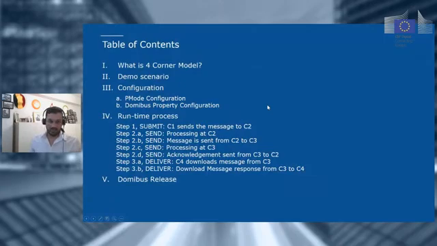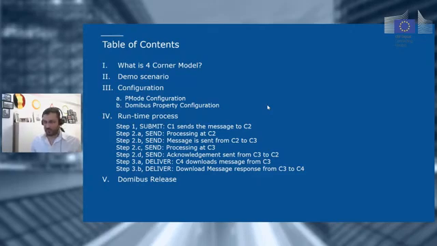So in this demo, we will first reiterate the four corner model because it is important to understand the terminology, as I'll be using that in the presentation. Then we'll talk about the demo scenario, what we are going to cover in the demo, then some configuration about the P mode and the Domibus property configuration.